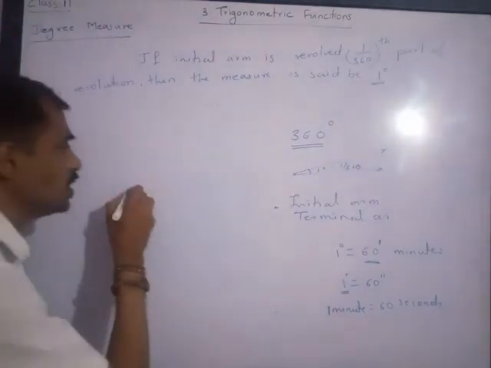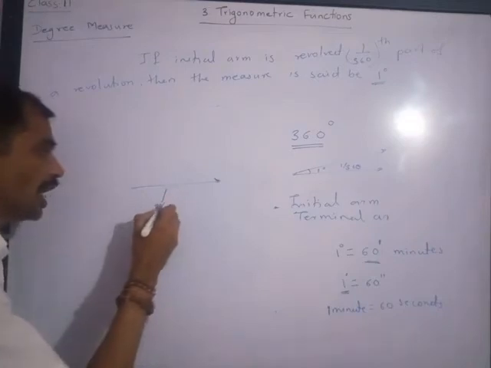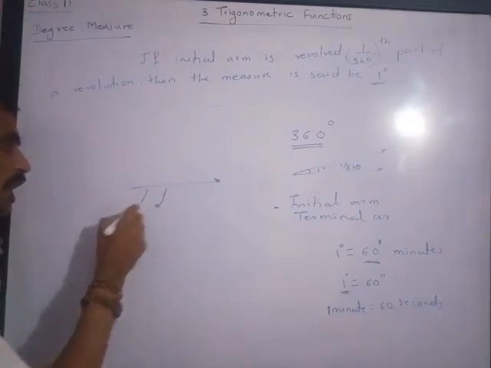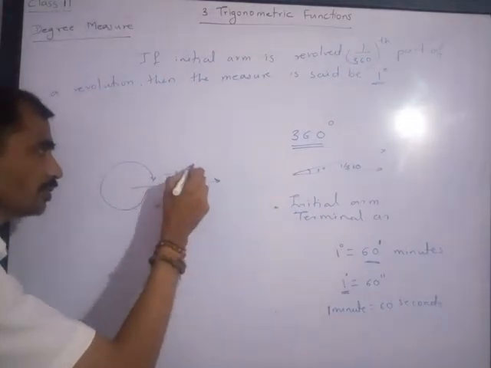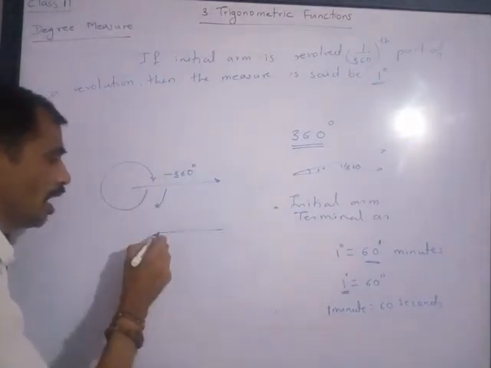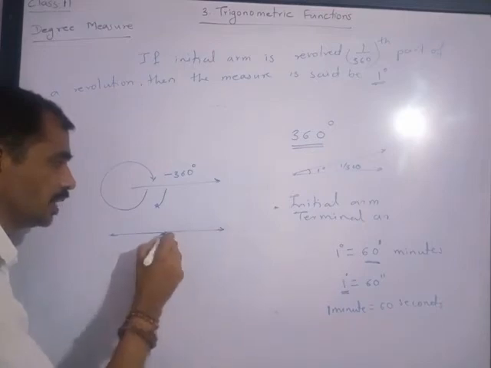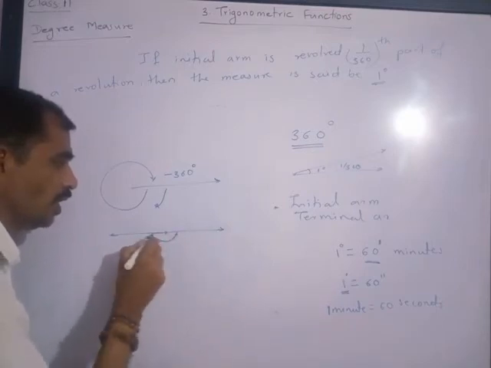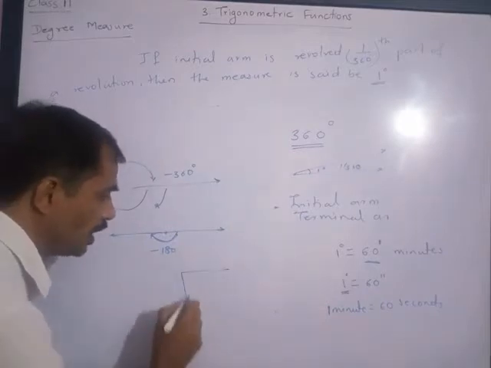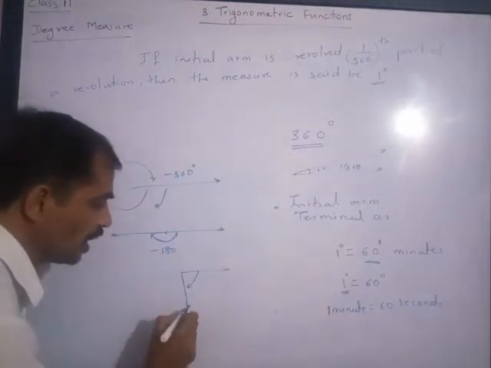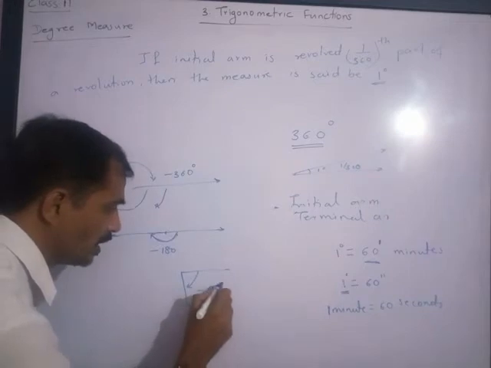Further, if the initial arm is rotated in clockwise direction, then if it is rotated in a full circle, it will be negative 360 degrees. If it is rotated half of the circle, then this rotation will be negative 180 degrees. If it is rotated 1/4 of the circle, this will be negative 90 degrees.